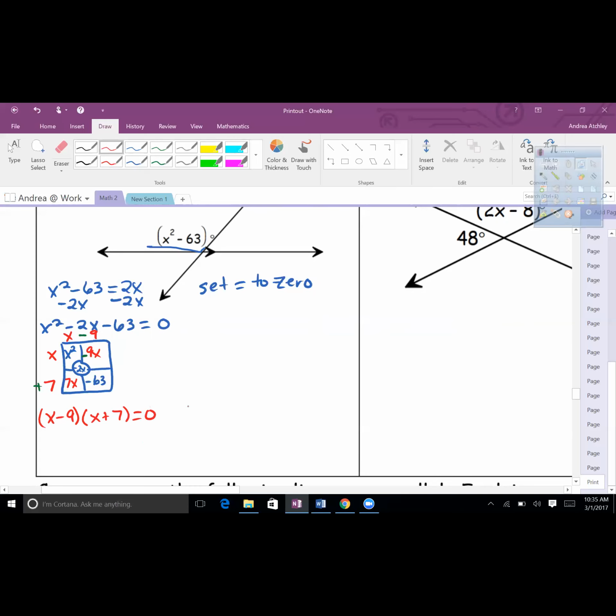Okay, then we need to separate them. Set equal to 0. So x minus 9 equals 0. Use the zero product property. One of these two factors needs to be 0 for the whole thing to be 0.